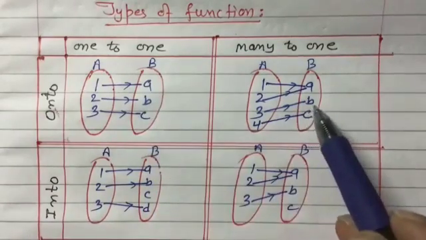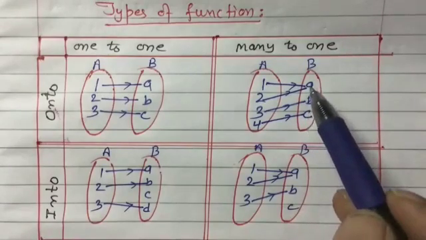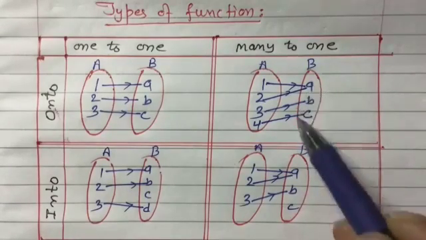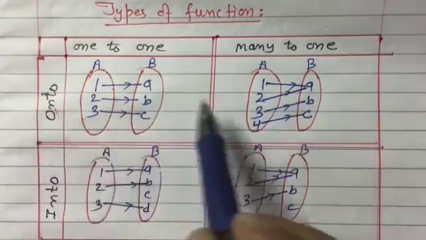Similarly in this one, the codomain contains A, B, C and the range also contains A, B, C. So codomain and range are equal, and these two functions are onto functions.